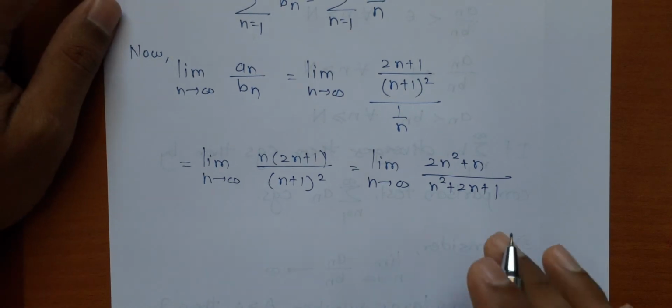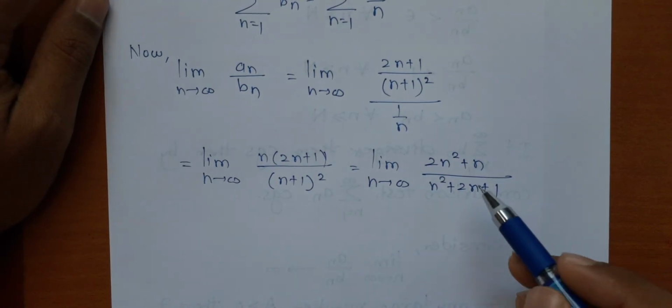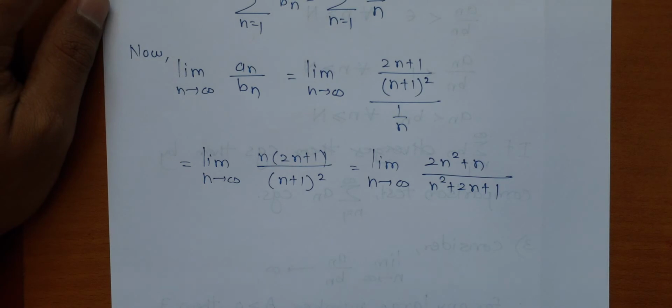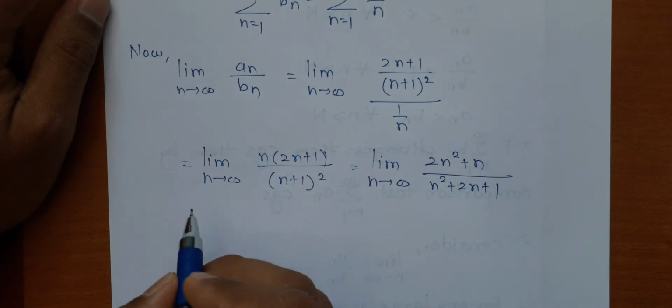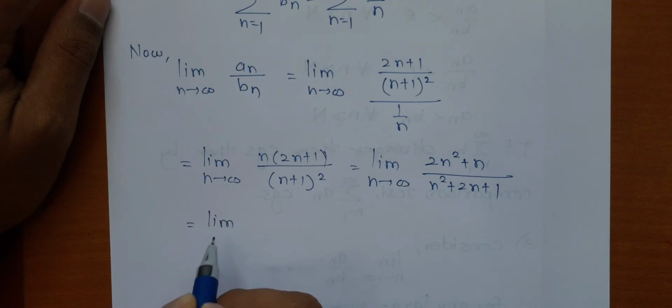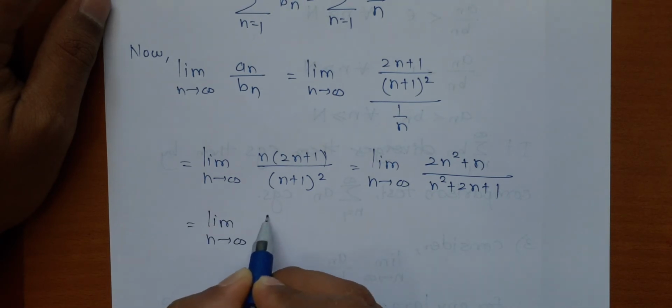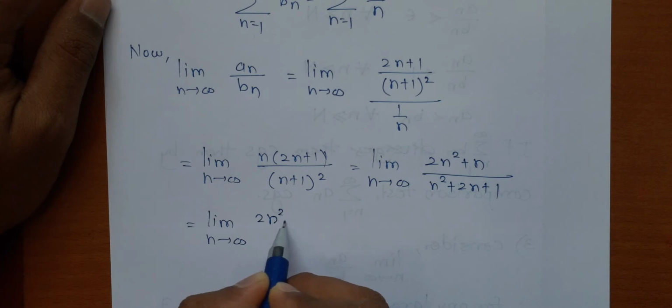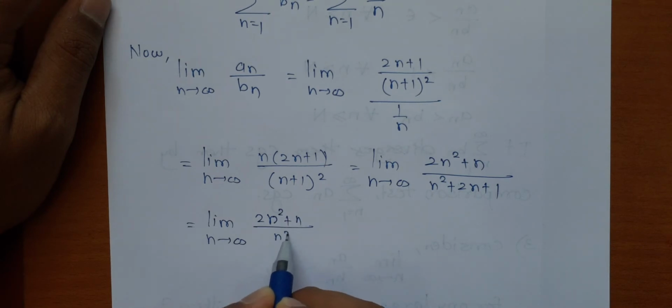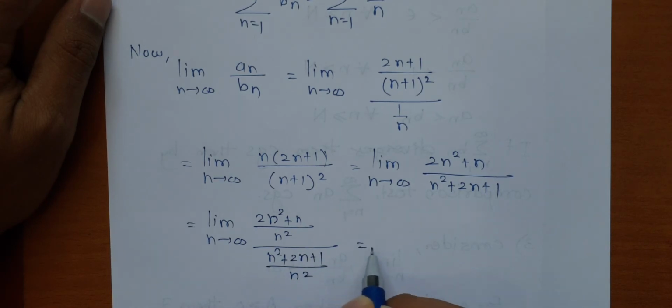Do you know how to solve such limits? We have a polynomial in n of degree 2 in the numerator and a polynomial of degree 2 in the denominator. So I will divide numerator and denominator by n square. Tell me what will I get?